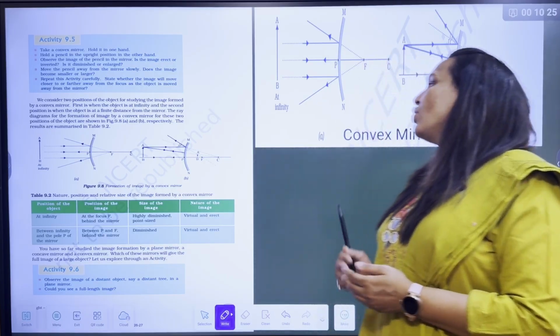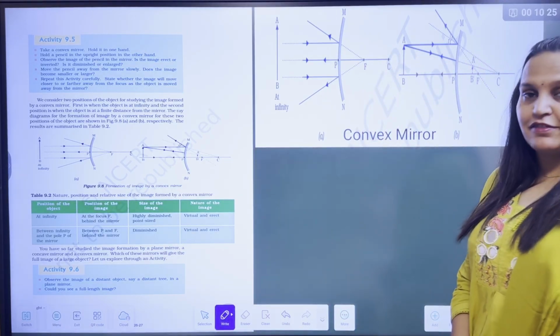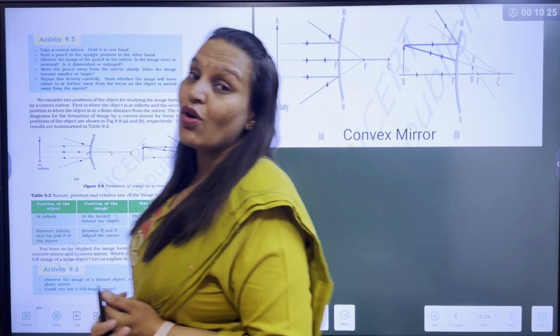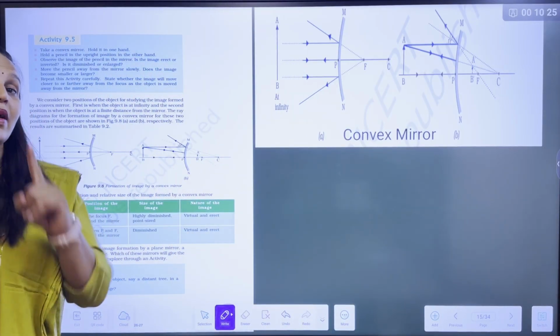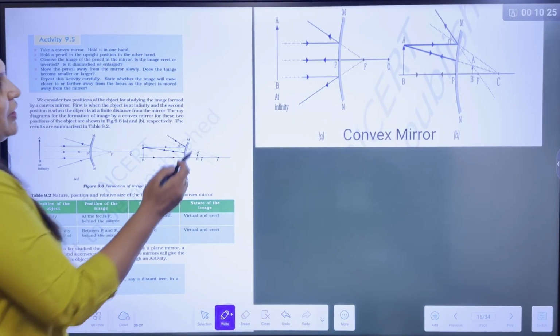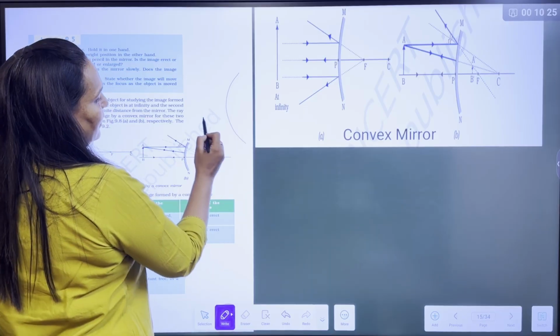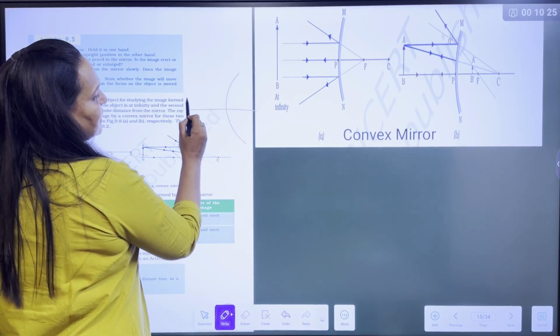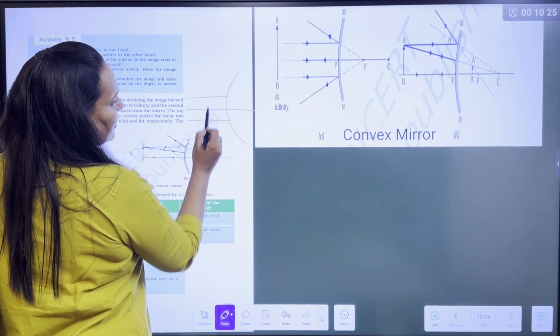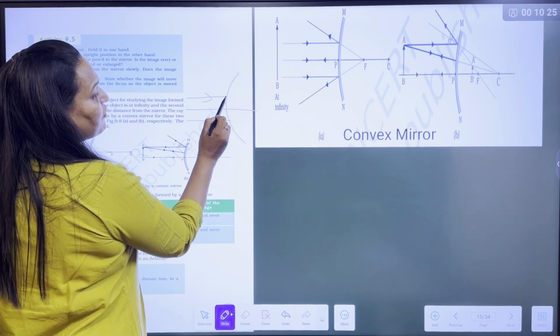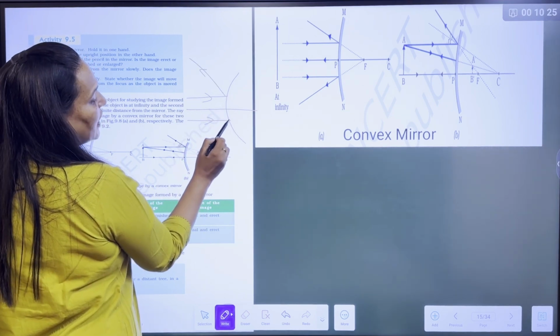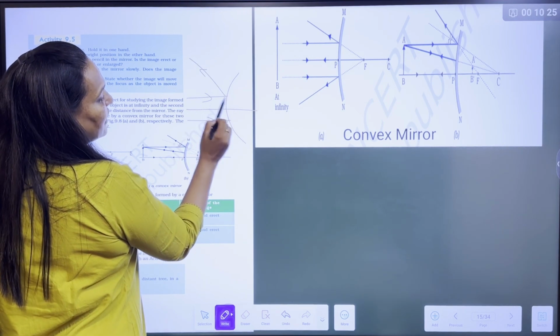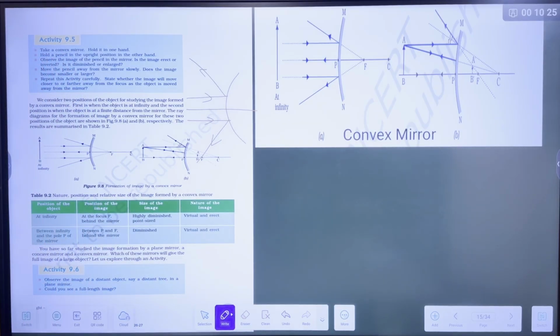So now we are going to learn the ray diagrams of convex mirror, which is also called a diverging mirror. Do you remember why convex mirror is called diverging mirror? I told you very clearly, this is a principal axis, rays come, strike the mirror. Instead of meeting, they go away from each other. So that's why it is called a diverging mirror.